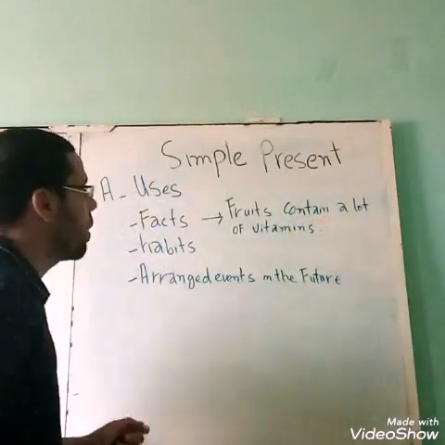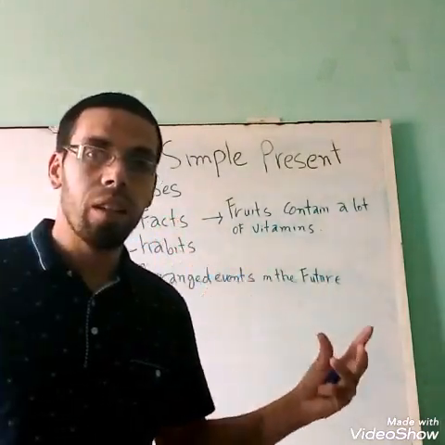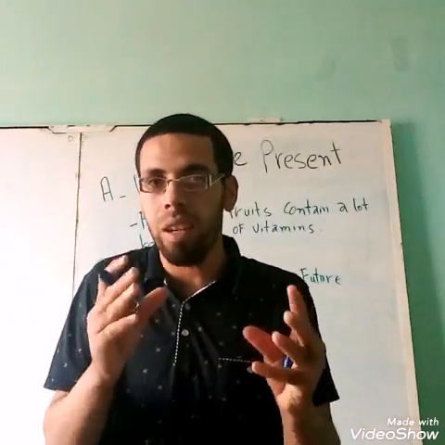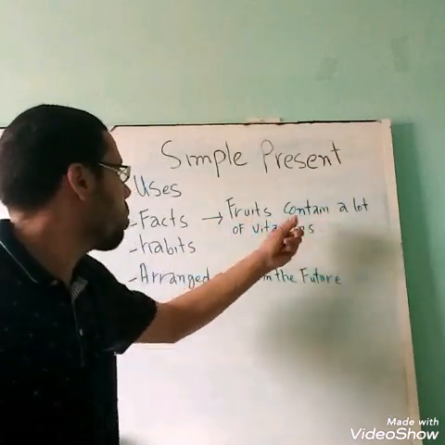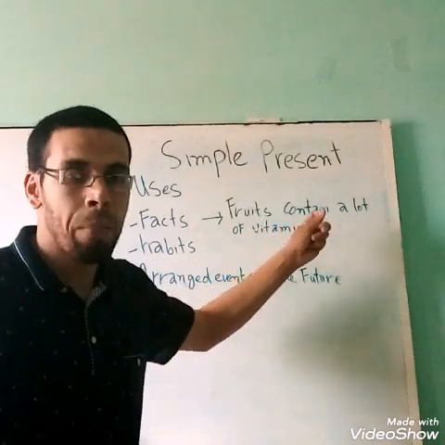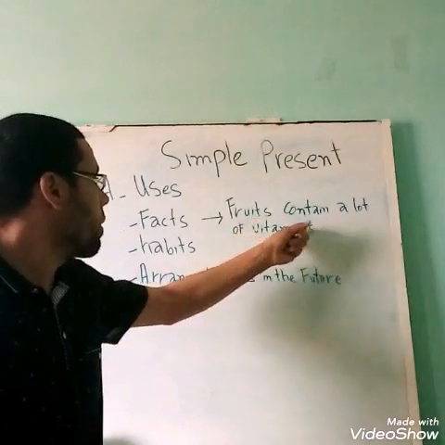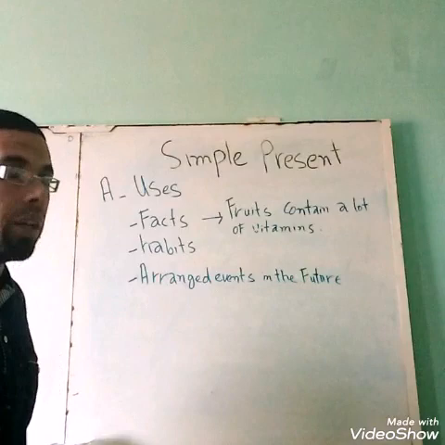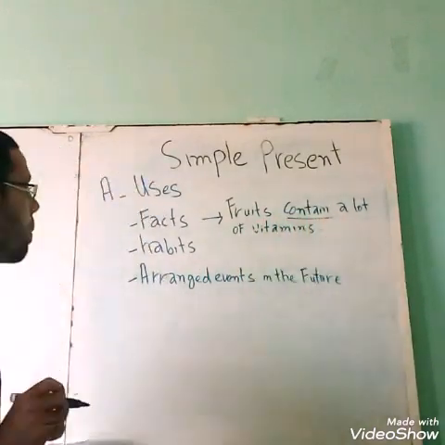This is a sentence giving a fact. This is a fact. Even we can say it's a scientific fact. Okay? Fruits contain a lot of vitamins. What is the verb here? The verb is contain. It's in the simple present.